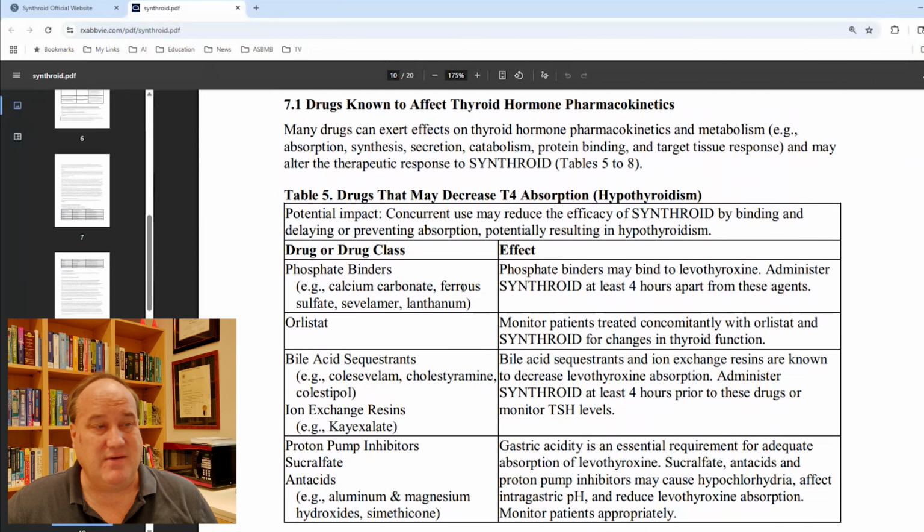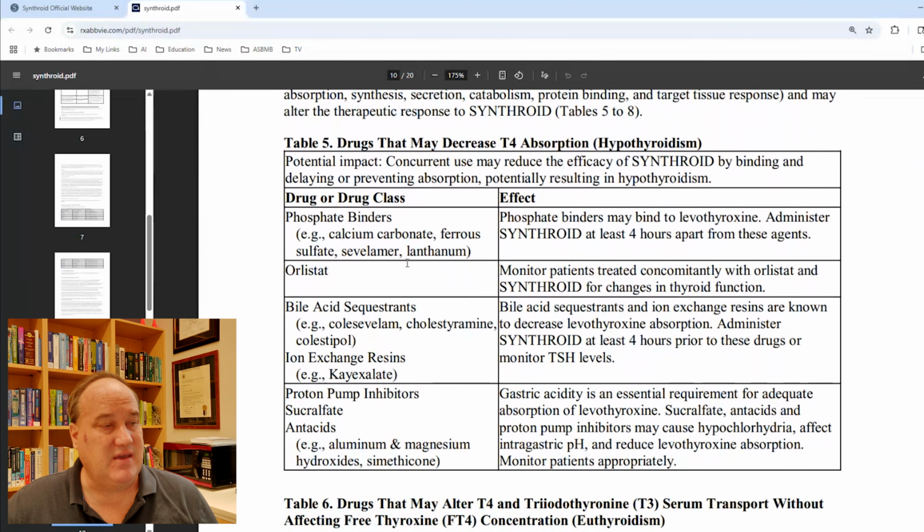And table 5 has many of these chemicals right here, like phosphate binders. Now some of them are drugs, but calcium carbonate, that's a fairly common salt right there. Ferrous sulfate, sevelamer, lanthanum.